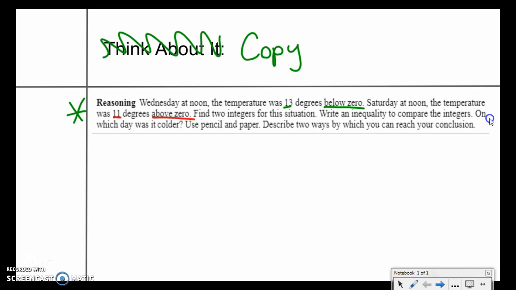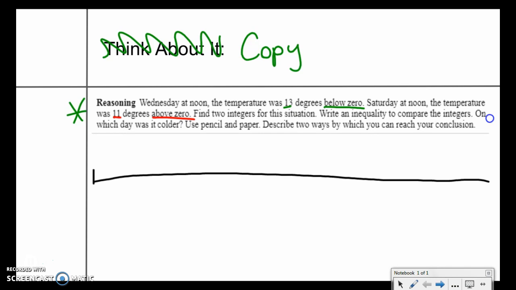So I'm going to make a really big number line because my writing utensil writes kind of large. So I'll make negative 13 down here. Let's make that blue instead of black. Okay, and then we'll make positive 11 up here.